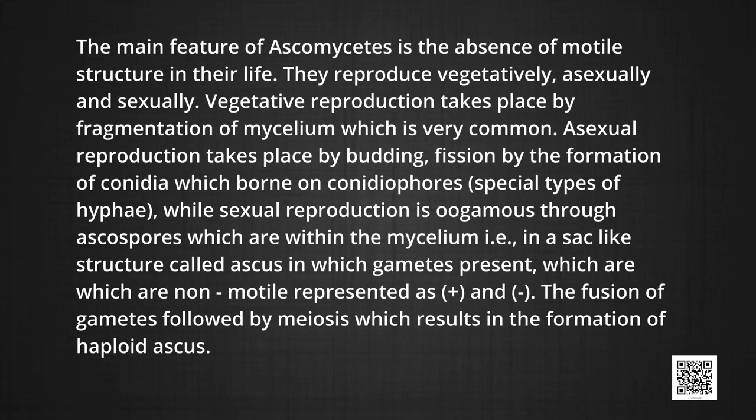Asexual reproduction takes place by budding, fission, and by the formation of conidia borne on conidiophores, a special type of hypha, while sexual reproduction is oogamous through ascospores, which are within the mycelium, that is in a sac-like structure called ascus, in which gametes are present, which are non-motile, represented as either positive plus or negative minus.